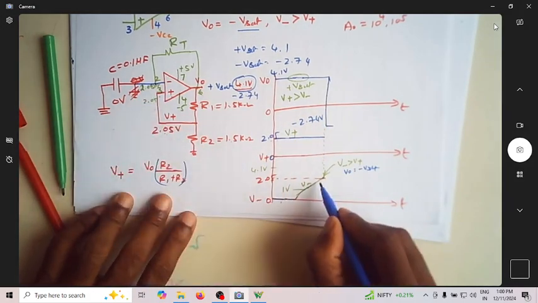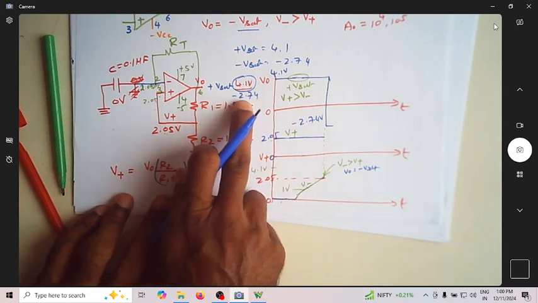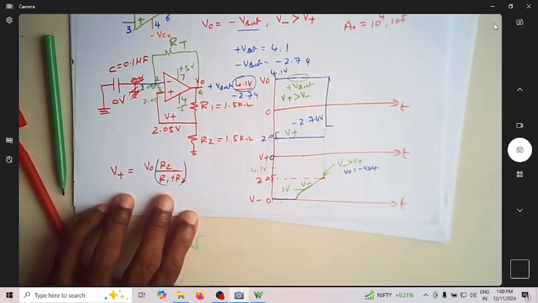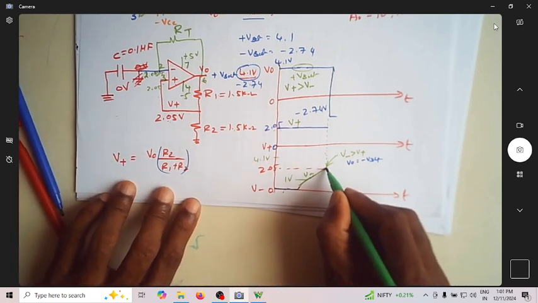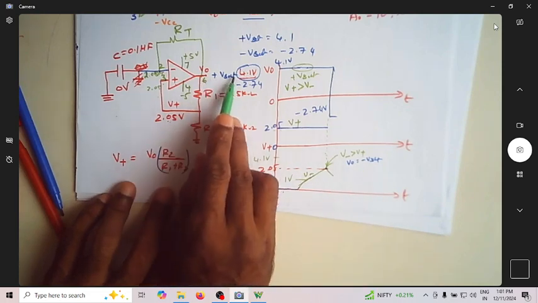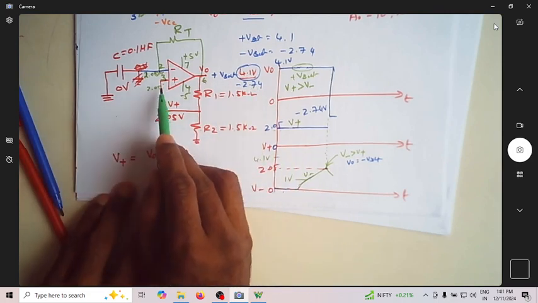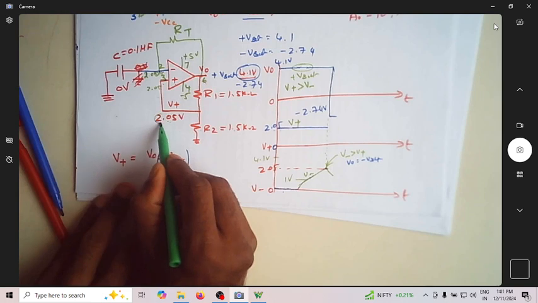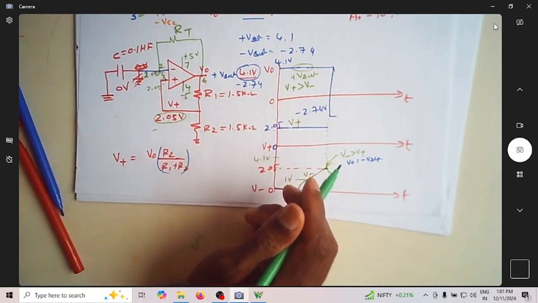Now the capacitor, which was charging towards 4.1 volt, now sees a voltage of minus 2.74 as the source voltage. Naturally, what happens? This starts reducing. Before that, since the voltage here has changed from 4.1 to minus 2.74, the voltage at this point is no more 2.05. What is 2.74 divided by 2?